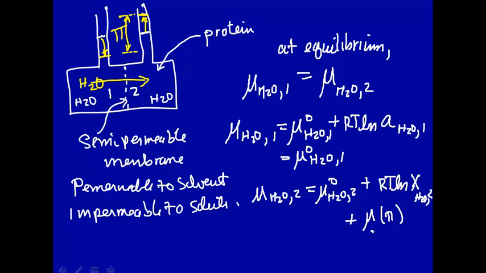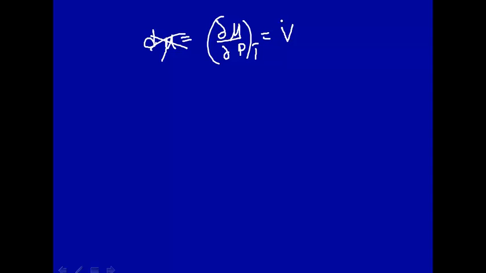How does chemical potential vary with pressure? Well, we know, or maybe we don't remember, but let's do it this way. How mu changes with pressure at constant temperature is just the partial molar volume. So we integrate that. d mu will be the partial molar volume dT.